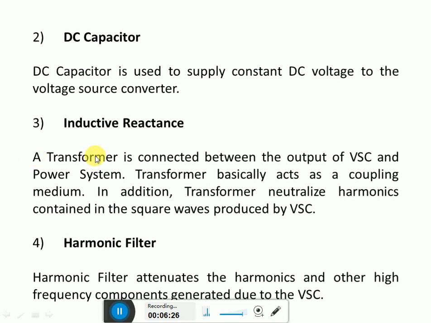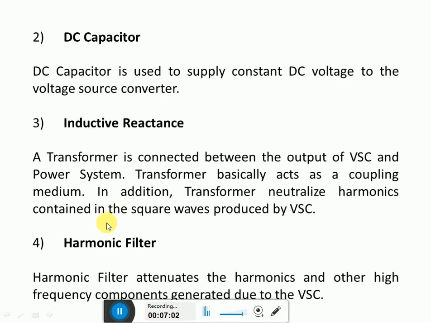The transformer is connected between the output of the VSC and the power system, and it acts as a coupling medium, meaning through the transformer we are able to feed power or current to the circuit, or sometimes absorb it also. We'll come to this later on. In addition to this coupling, the transformer also neutralizes the harmonics obtained from the VSC.